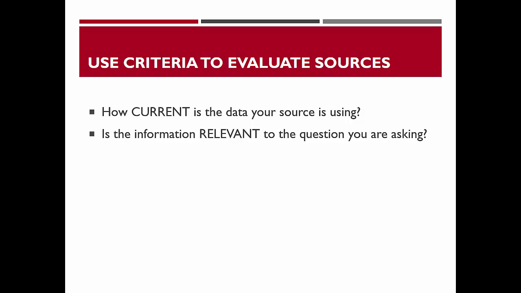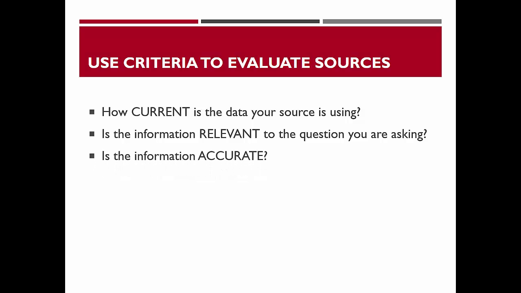If you don't have good reasons to assume that your target customer are American males between the ages of 25 and 40 in a particular area, then that data you're finding is not going to be particularly relevant. So you want to make sure that the information you found actually answers the question you're asking.